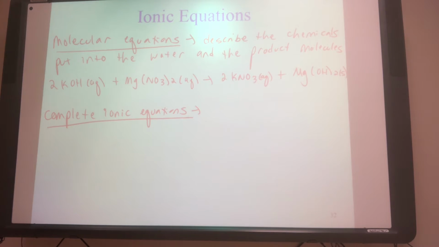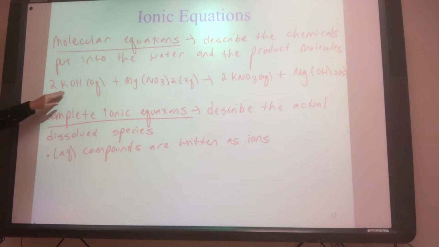So a complete ionic equation is going to describe the actual dissolved species. It's going to show me visually what's actually happening with something when it dissolves, when it's in an aqueous state. The way that I do this is I take anything that has an aqueous state, and all the aqueous compounds are going to be written as ions, because when I dissolve this KOH in water, it breaks apart into ions.